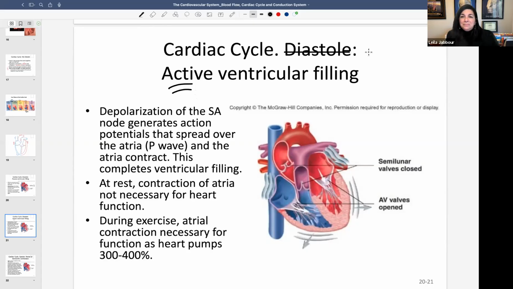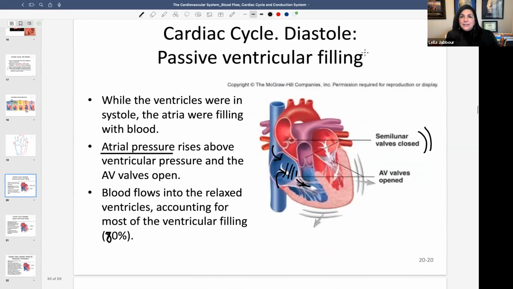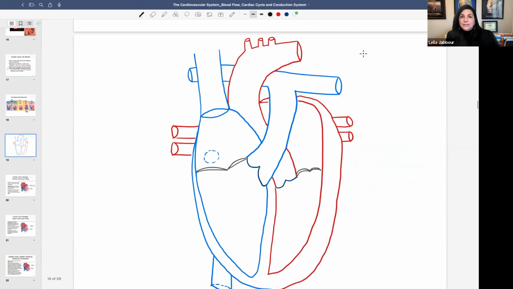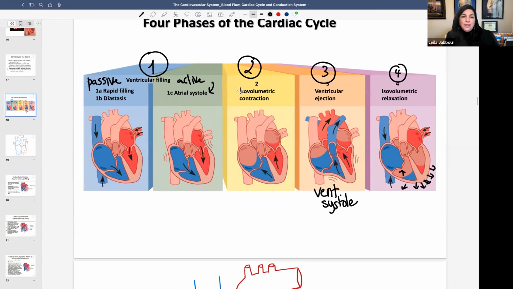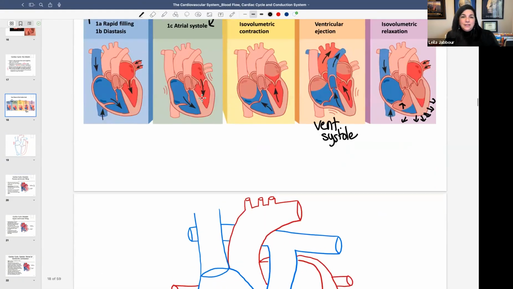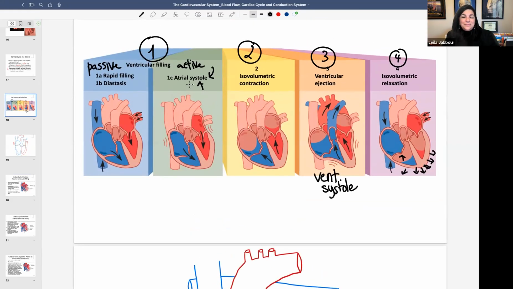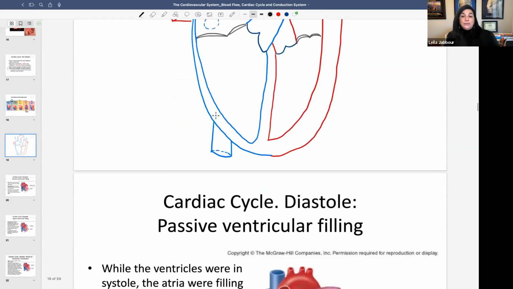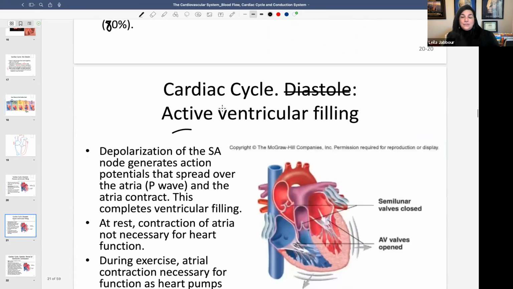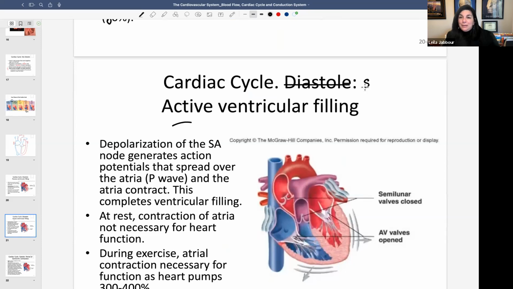This is bothering me. Let's go back to here. Yeah, it should have been systole. This is in the active portion of the ventricular filling. There's a passive portion and an active portion, and the active portion is your final squeezing. So this is an unfortunate typo, but that's okay. I caught it, and that's what matters.